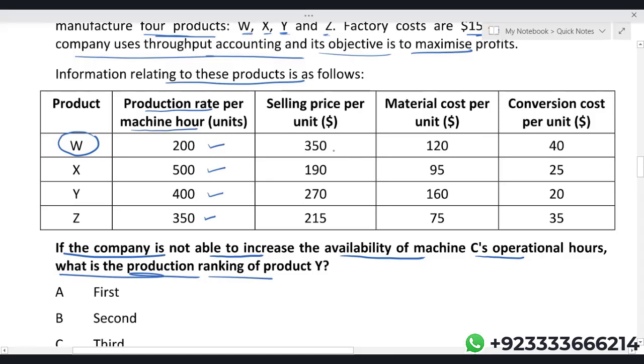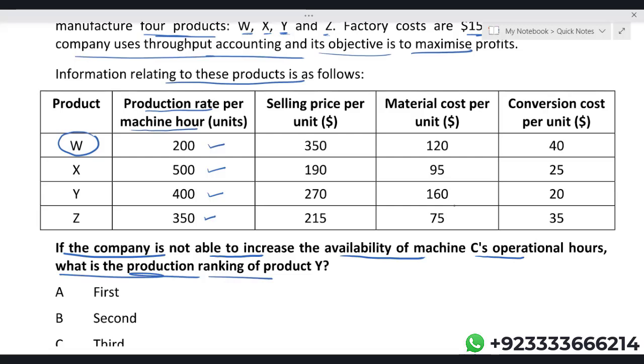Selling price per unit, direct material cost per unit. Actually, from the selling price per unit, when I deduct direct material cost per unit, I'll get the throughput per unit. In 1 hour, how many units we can produce? We know that. So very easily, we can go for the ranking. There's no need to rank on the basis of throughput accounting ratio. Why?